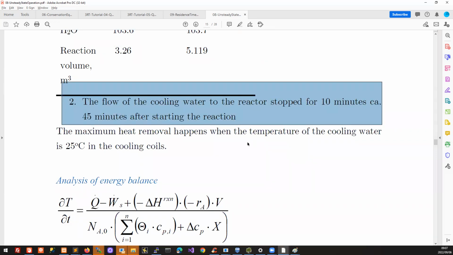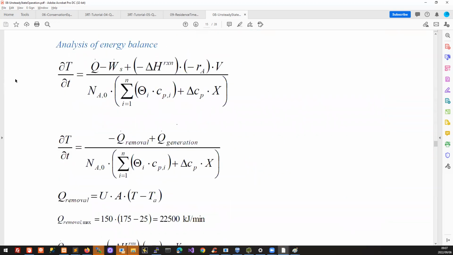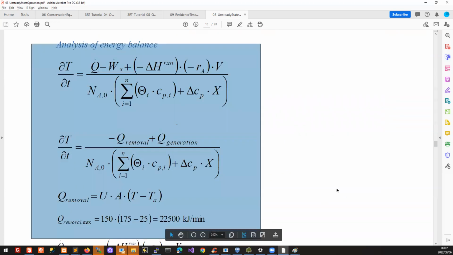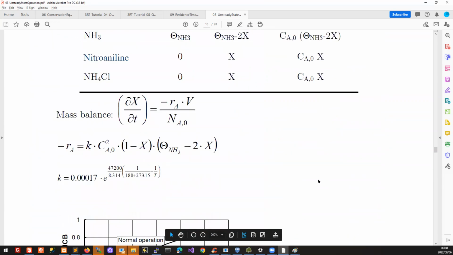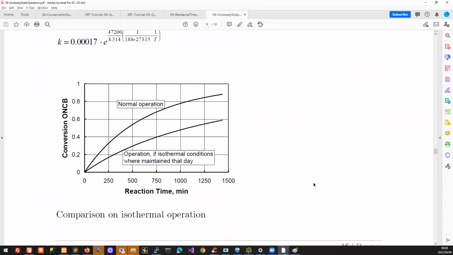And your cooling was stopped for 10 minutes. And so the same energy balance was used in this analysis. If you go back and have a look, it's the same energy balance that we've been discussing. So if you were to view this, your reaction rate was higher, so your conversion rate was overall much higher.